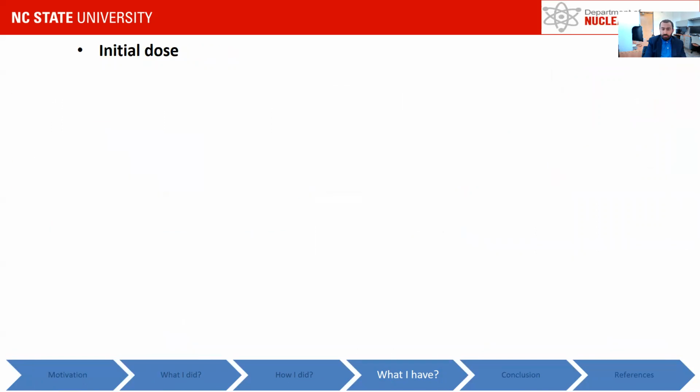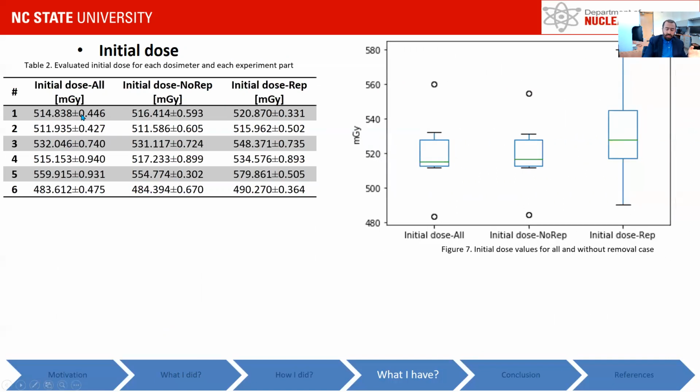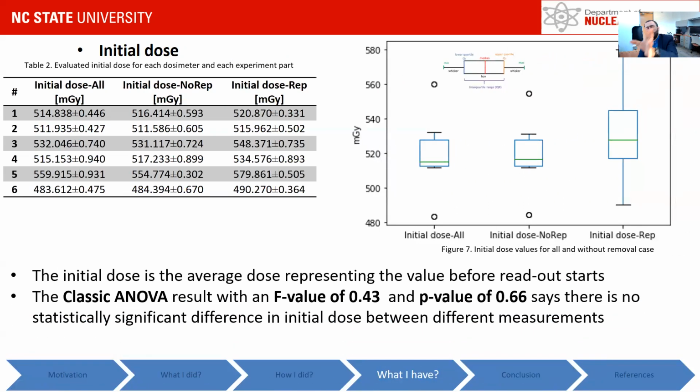The same thing will be done with the initial dose. We see the initial dose and the uncertainty for each case, and we take all of them and put them onto the box plot. In this case, we see that the variances are homogeneous, so we use the classical ANOVA.